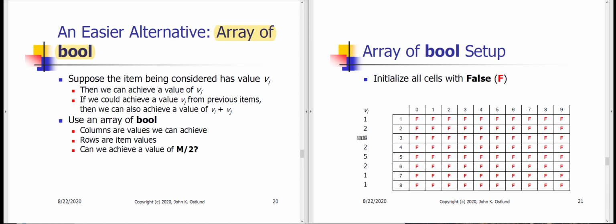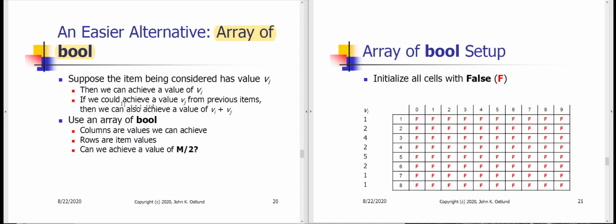So that is, just to pick one, if our v sub i is 4, then clearly we can achieve a value of 4. So we seek out this cell, array sub 4 sub 4, and we fill in a true there.